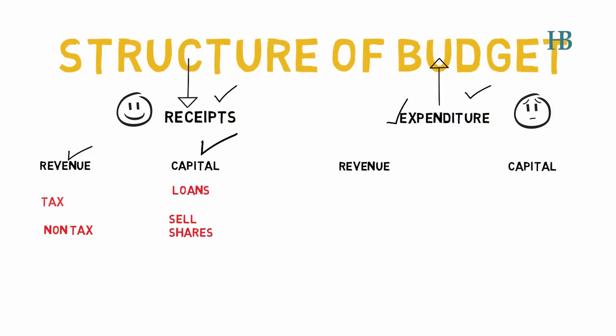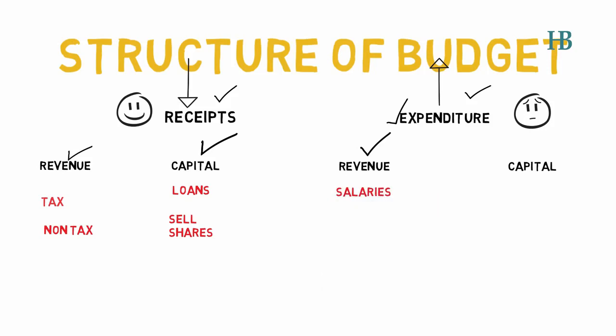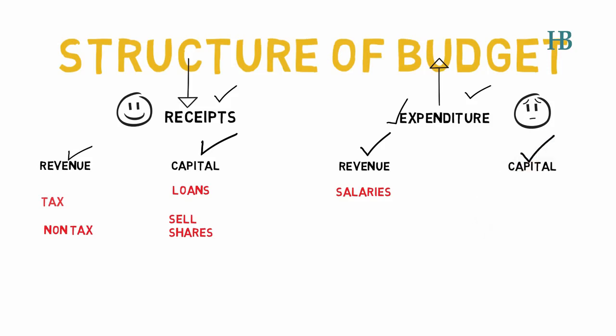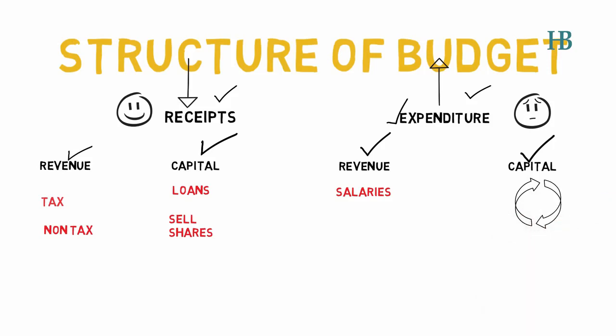The first one is revenue expenditure. Here there is neither any gain in assets nor any decrease in liability. For example, expenditure for salaries, pensions, and subsidies all come under revenue expenditure. And in capital expenditure, now this one is a tricky part, so listen carefully. These are expenditures where money goes out, but in the long term it comes back, so it creates an asset. For example, your expenses for a fixed deposit, LIC, or deposits in national savings certificates: you invest, right?